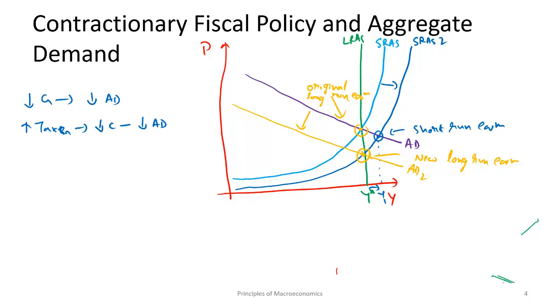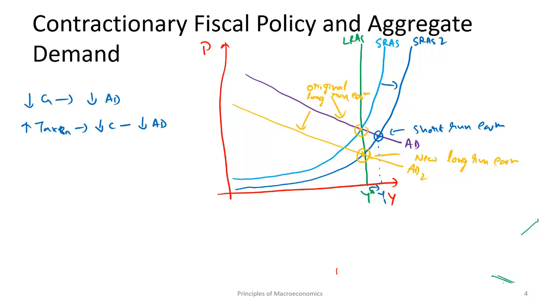So fiscal policies are relatively very effective in controlling or managing the economy, and it has been used since the Great Depression under different scenarios, which we will be talking about later when we talk about policies.